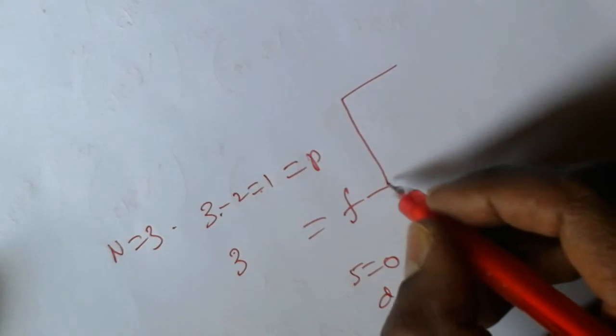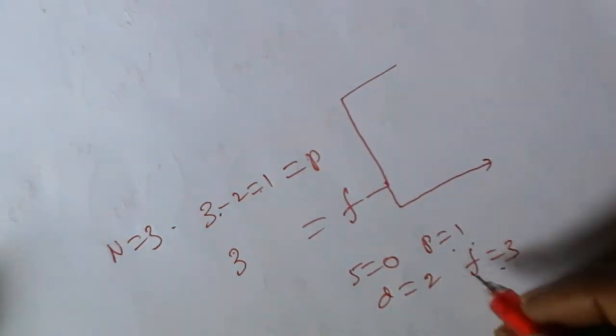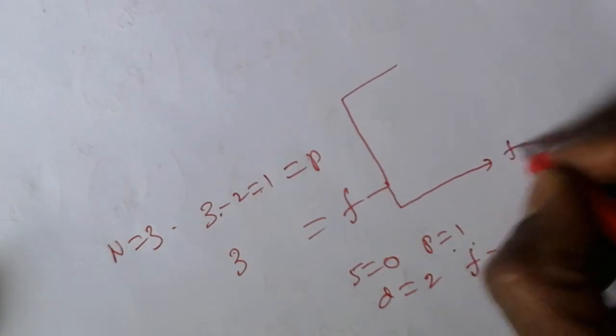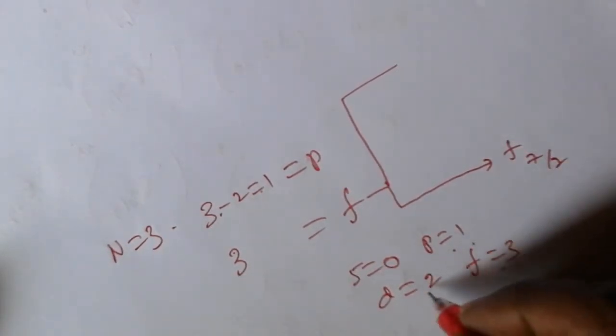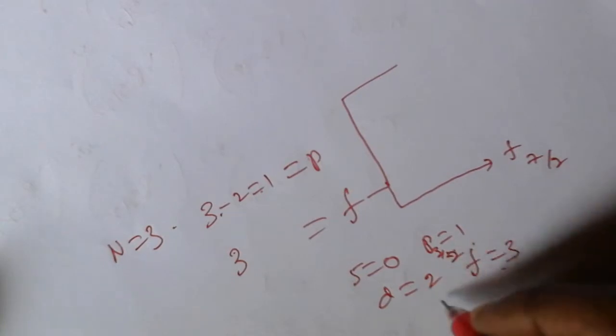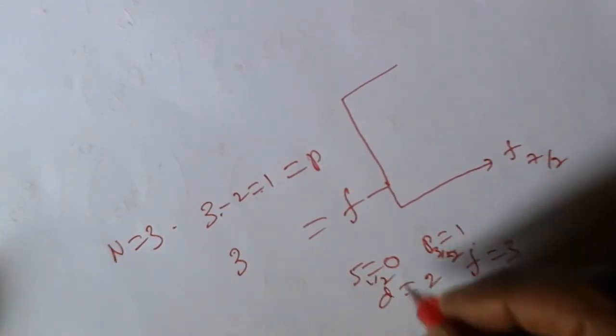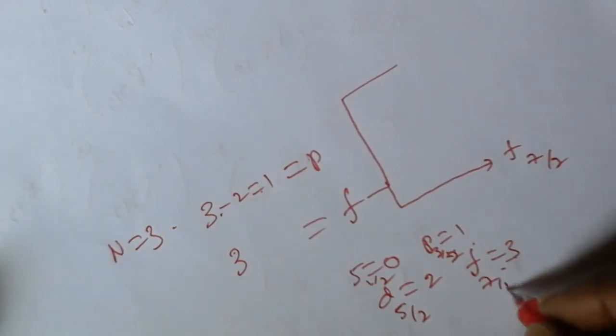If f is divided into 2 parts again, f means 7 by 2, because d is 3 by 2, then 5 by 2, then 7 by 2.